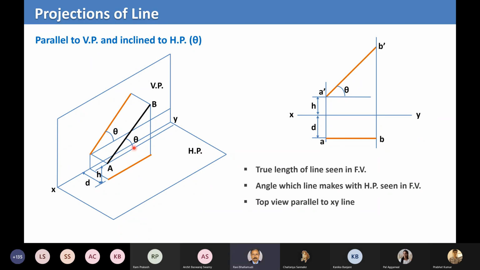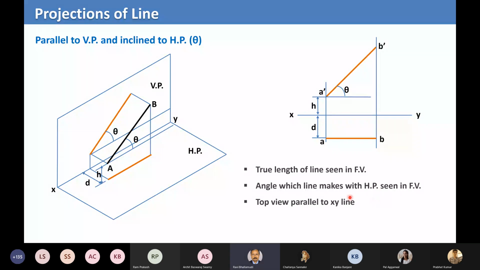Now just think about its projections. The projection of line AB on the horizontal plane, that is the top view: A projects to small a and B projects to small b, at a distance of d from the vertical plane. Similarly, it projects to A dash and B dash in the front view, and this is no longer parallel to the XY line; it is now inclined at some angle theta to it.